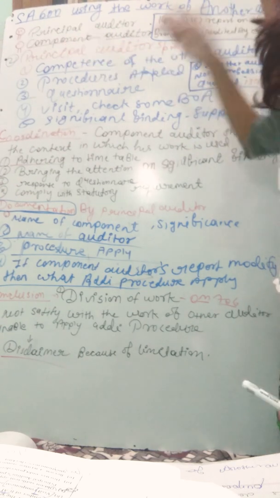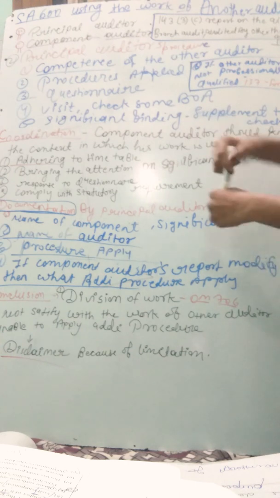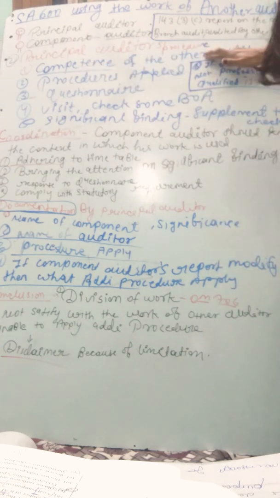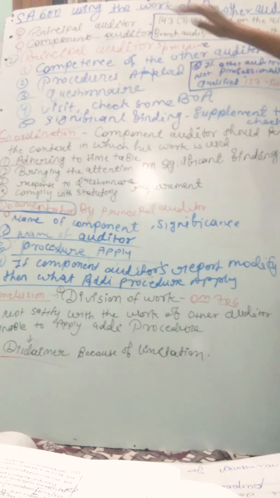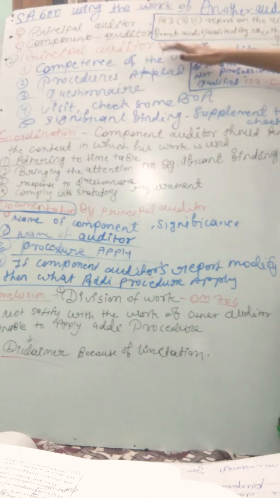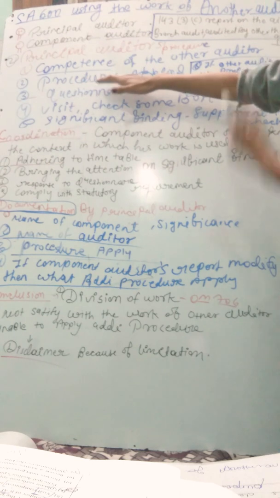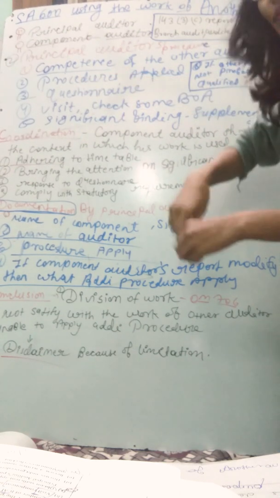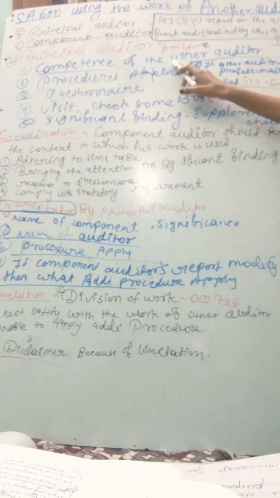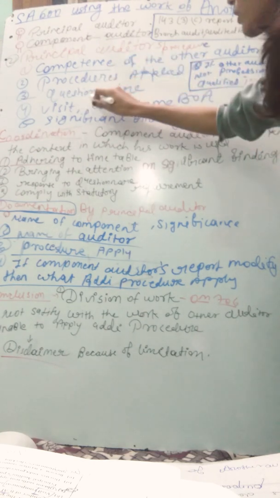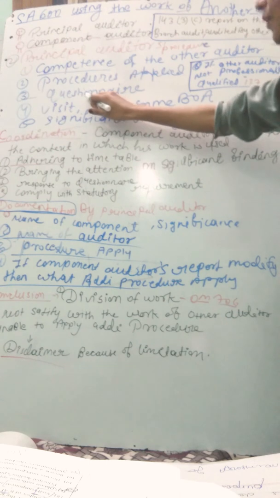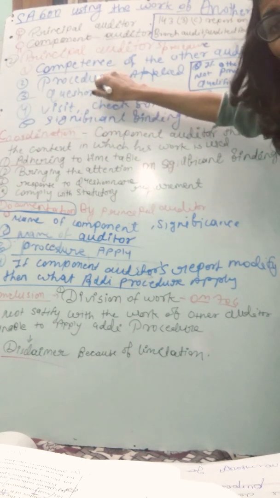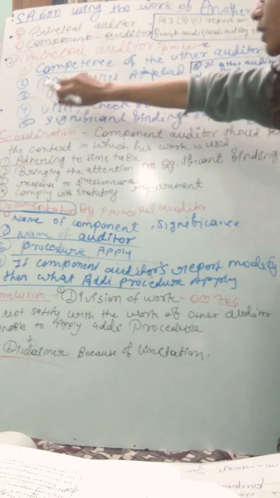The principal auditor, as a procedure, should check the competence of the other auditor, especially if he is not a member of ICAI. Then he should also check what procedures were applied by the component auditor. Also take a questionnaire on what significant matters there are, what procedures, and how those procedures were applied by the component auditor.